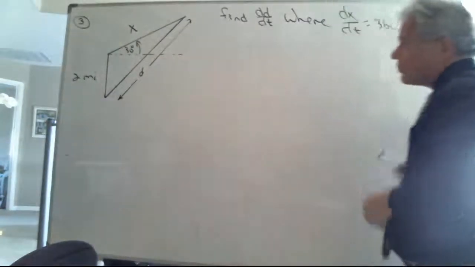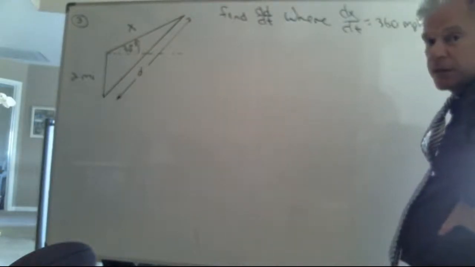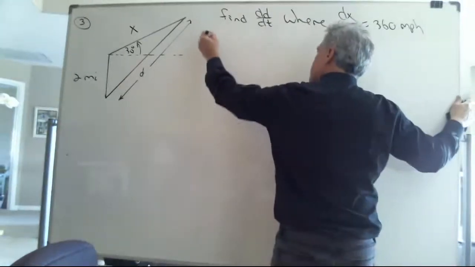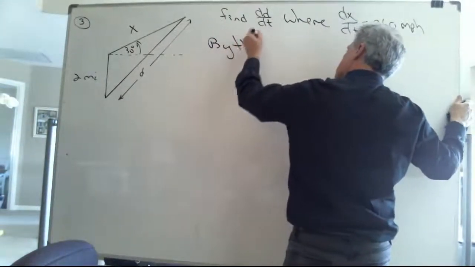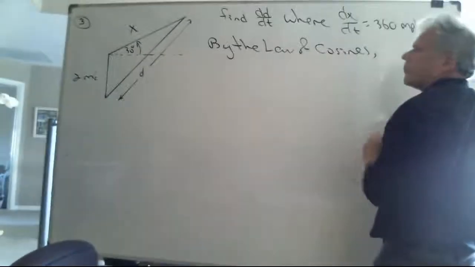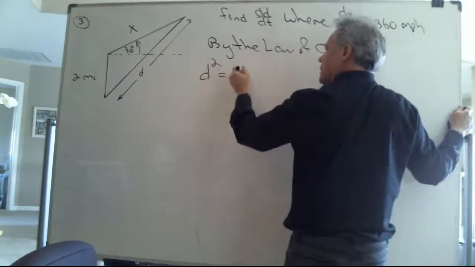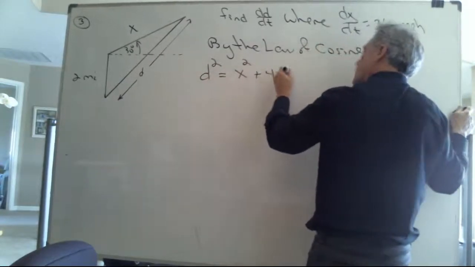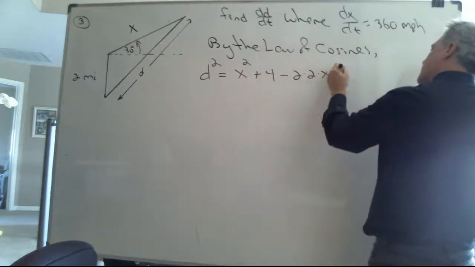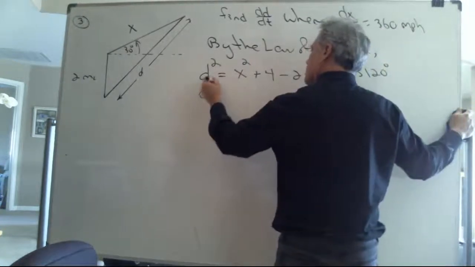Now, a relationship we have among these three sides is the law of cosines. The law of cosines says that d squared is equal to this plus this, minus twice the product of those two times the cosine of the angle in between. But wouldn't that give us this?